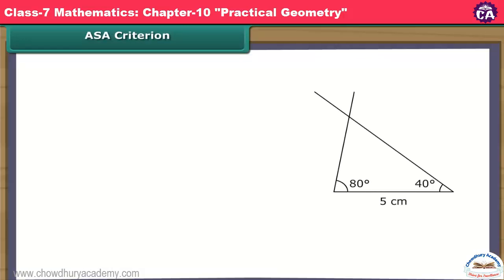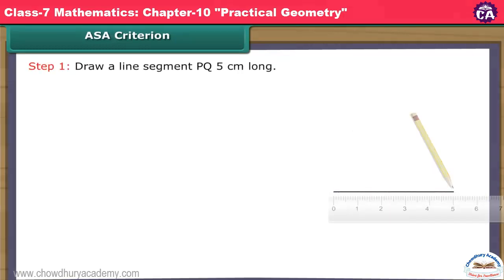ASA criterion. Let us now draw a triangle two of whose angles measure 40 degree and 80 degree, and the side between them measures 5 centimeter. Draw a line segment PQ 5 centimeter long.